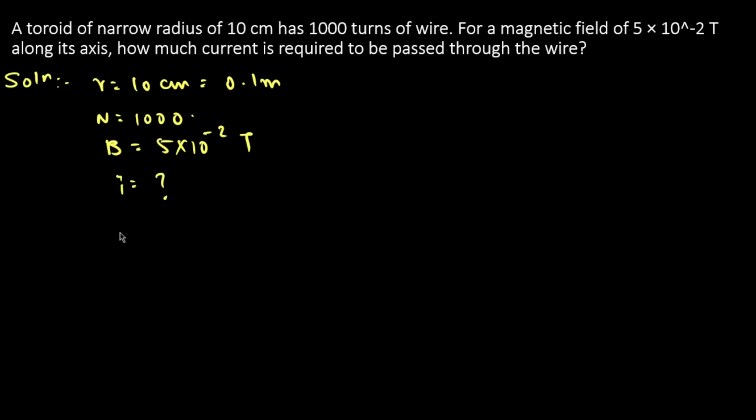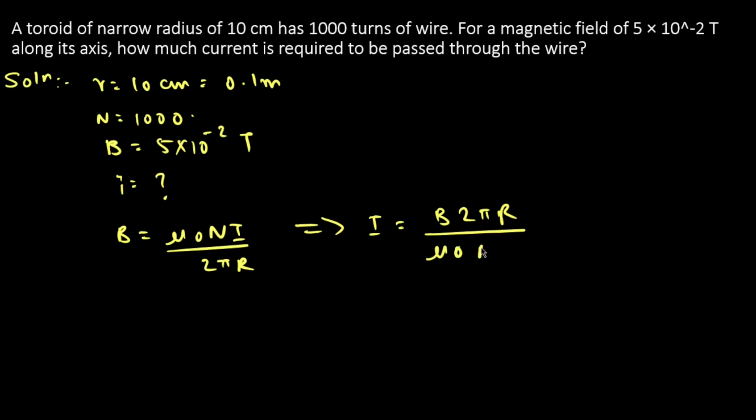So we know for a toroid the magnetic field is given to us as mu naught N I upon 2 pi r, which implies I will be equal to B into 2 pi r upon mu naught N. So let's put all the values.